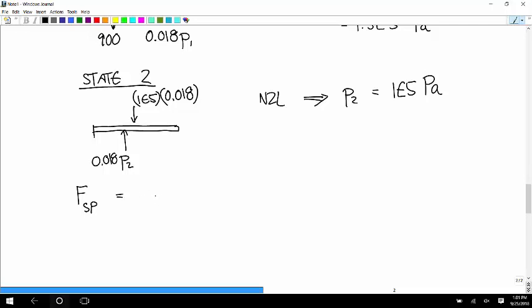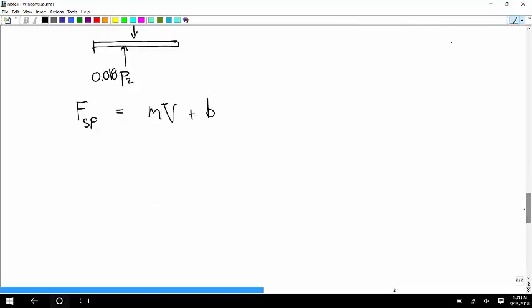You can think of that as m times volume plus b. I think we're going to come out with that additive constant being 0, but that's the most general linear function of volume.